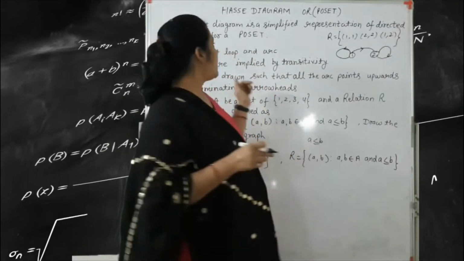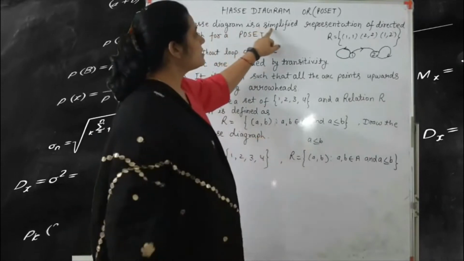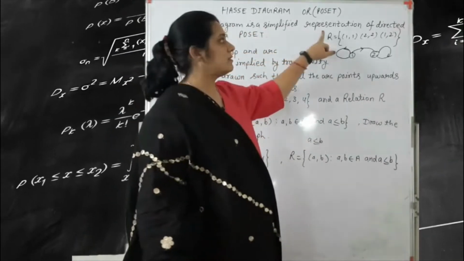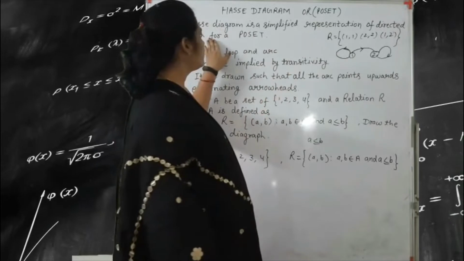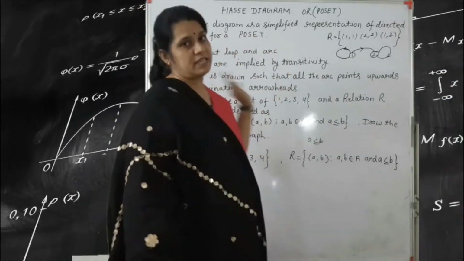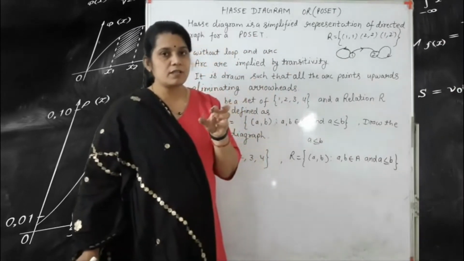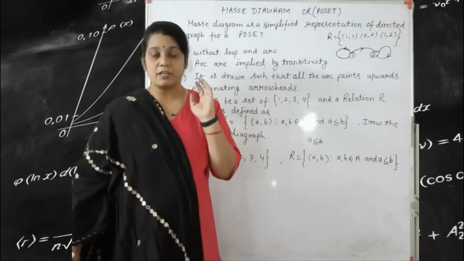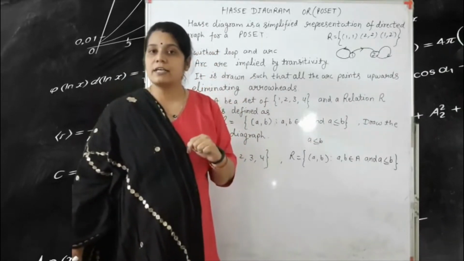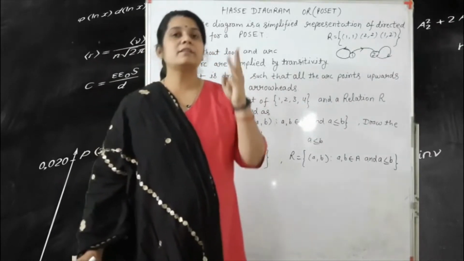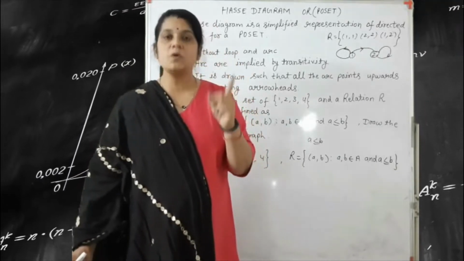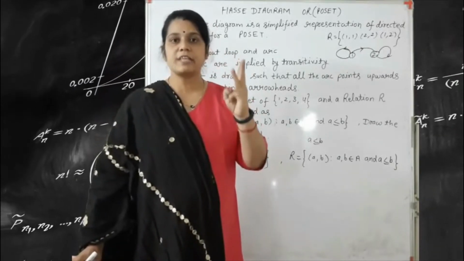Okay. So a Hasse diagram is a simplified representation of a directed graph for a poset. Poset means a partial order relation, and a partial order relation means we satisfy the three relations: reflexive, antisymmetric and transitivity. Got it?